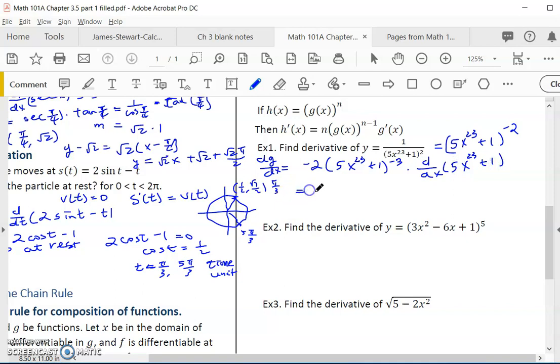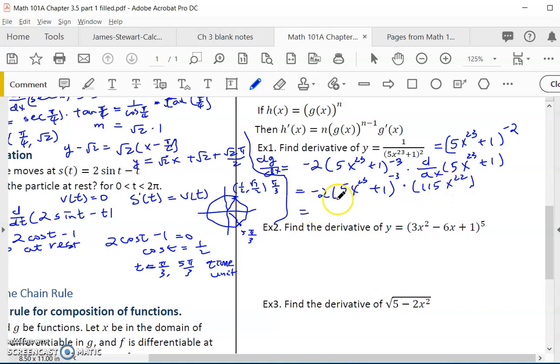So it turns out that is equal to negative 2 times (5x^23 plus 1) to the power negative 3, times 5 times 23, which is 115, times x to the power 22. And that's the final answer.